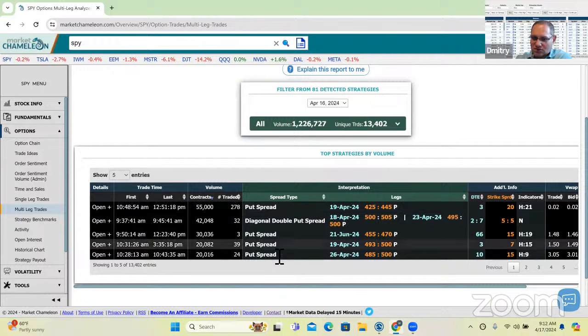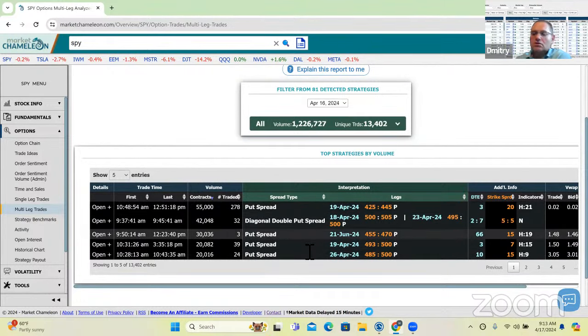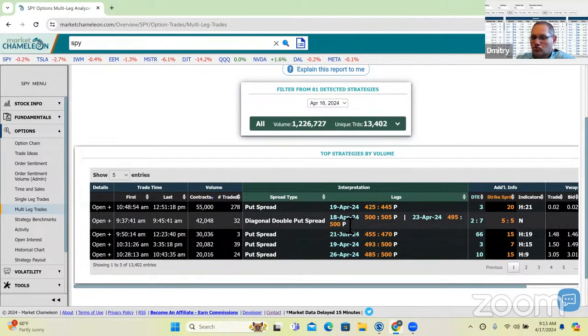So we could see here in the top 5, 1, 2, 3, 4 were regular vertical put spreads. 1 was a diagonal double put spread, which, just knowing SPY and watching these, looks like maybe it was a roll of a put spread from April 18th to April 23rd.